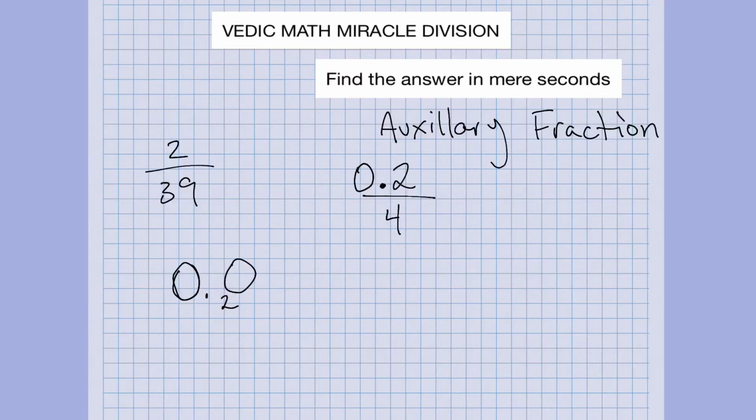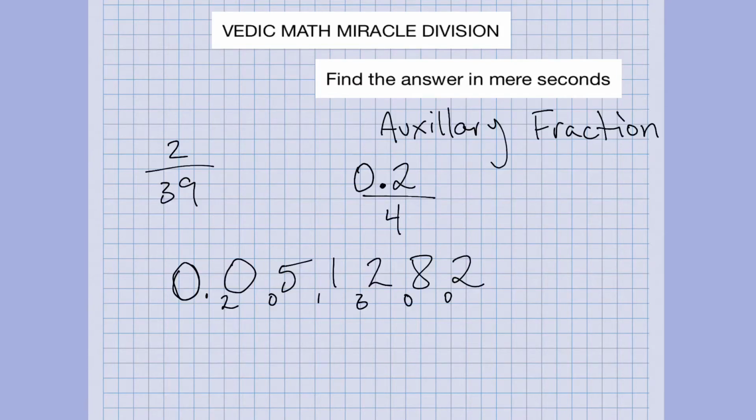You'll see how this works. So 4 goes into 20 5 times with 0 left over. 4 goes into 5 once with 1 left over. 4 goes into 11 twice with 3 left over. 4 goes into 32 8 times with 0 left over. 4 goes into 8 twice with 0 left over.